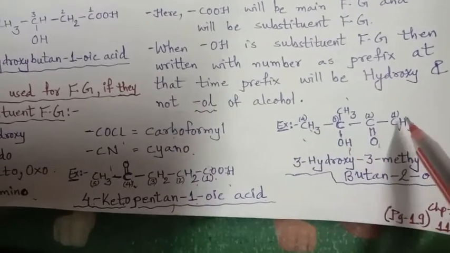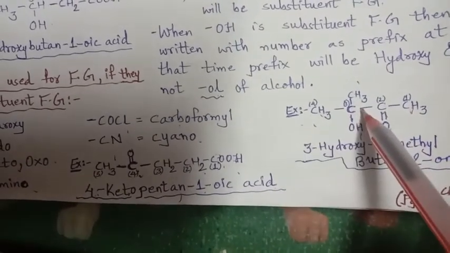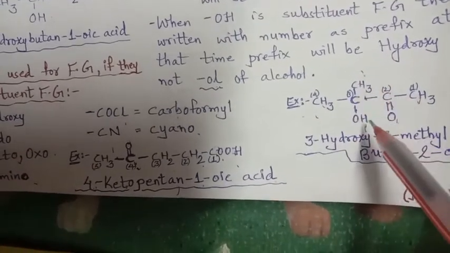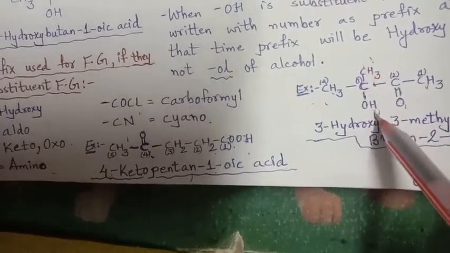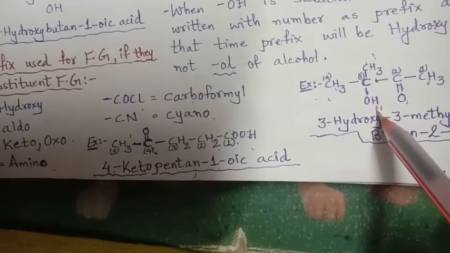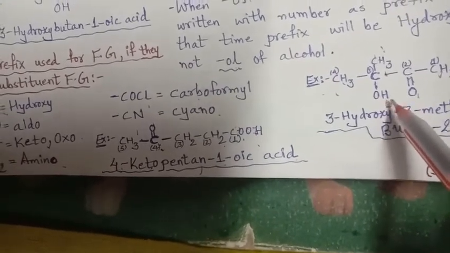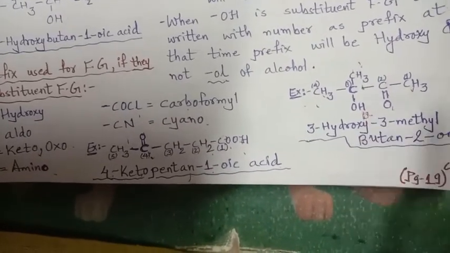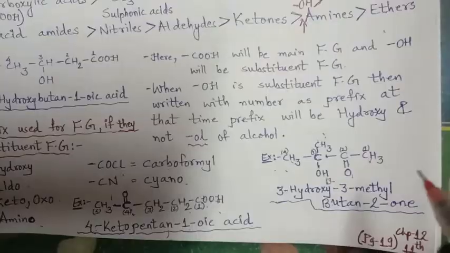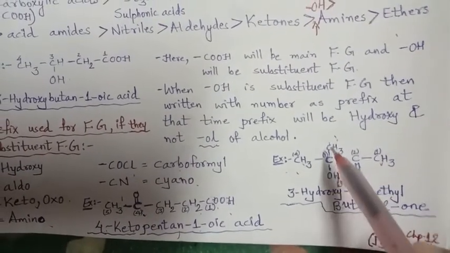Right? So now we will see the attachments. 1, 2, 3, 4. Then on the third carbon it is methyl as well as alcohol. Now when we see methyl and hydroxy, here we will not say alcohol now because this is not the main group. It will take a prefix. So hydroxy starts from H, and methyl from M.